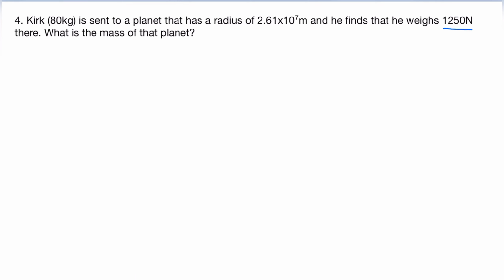And the problem also tells us that Kirk's mass is 80 kilograms and the radius of the planet is 2.61 times 10 to the 7th meters. So we have all these values except for the second mass, the mass of the planet. So we can solve for the mass of the planet by using the Fg equation. Fg equals big G times mass 1 times mass 2 over r squared, and we just plug in. We know the Fg, it's 1,250 newtons.